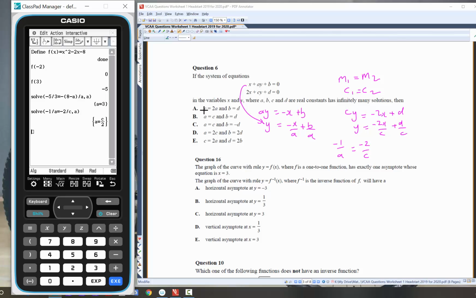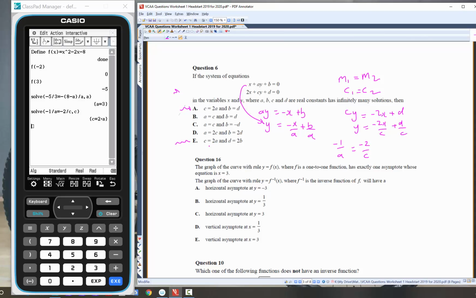A is C. No, that doesn't look good. So now I'm just going to solve for C instead. C is equal to 2A. Okay, so we're on the right track here. Okay, whoops, what's going on there? Yes, so it's either this one here, A, or it's E. So B is equal to D, or D is equal to 2B.